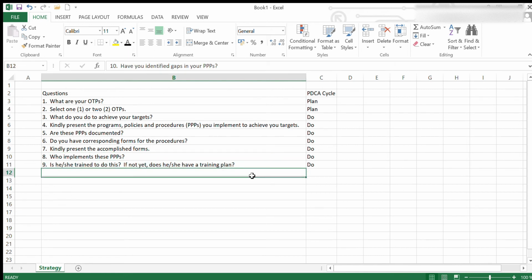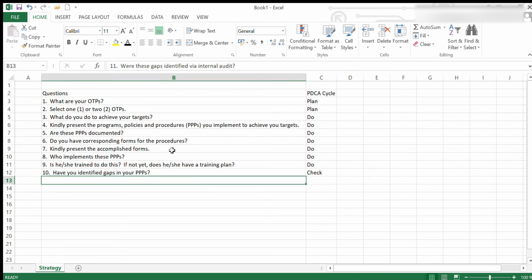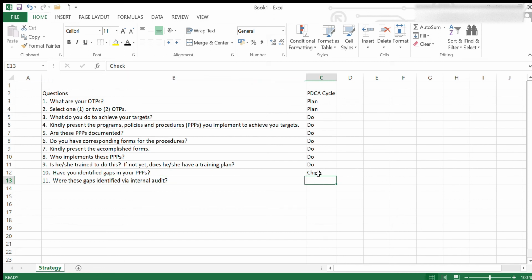So next, once you ask this, you can now then ask. Of course, there's no perfect system and gaps are likely to happen. So you have to ask the auditee if gaps were already identified. So this will go under the check cycle. Then next, you can also cover the internal audit part.